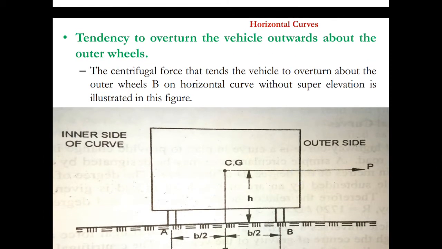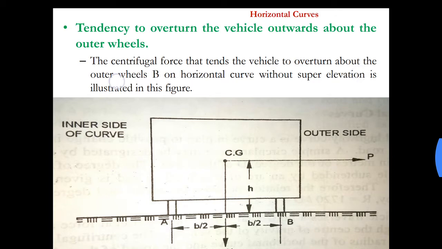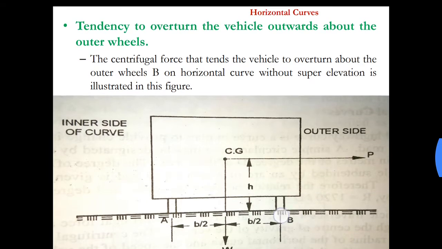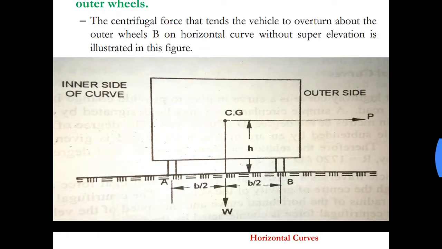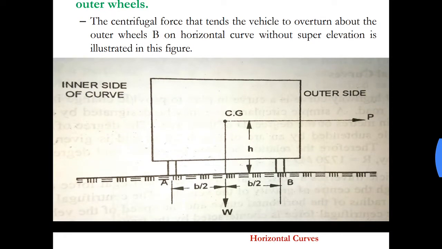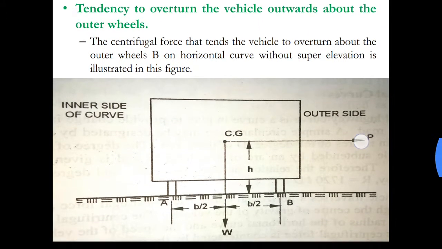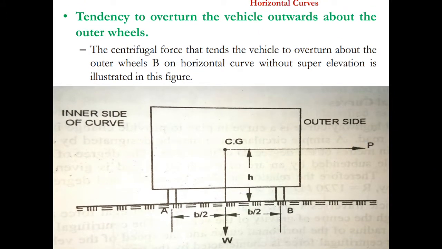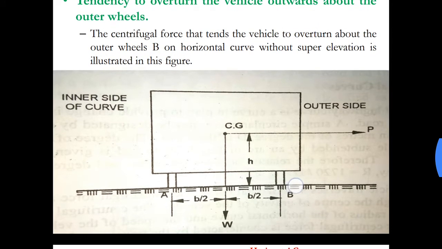Now the centrifugal force tends to overturn the vehicle about the outer wheel. This is the outer wheel and this is the inner wheel. This is the outer side of the horizontal curve and this is the inner side. The centrifugal force is acting towards the outer side, so there is a chance that this vehicle might overturn on this outer wheel.